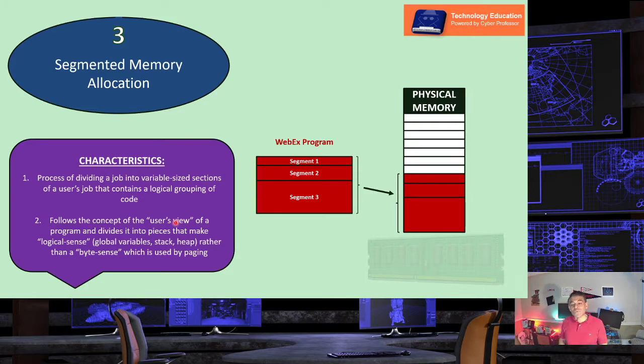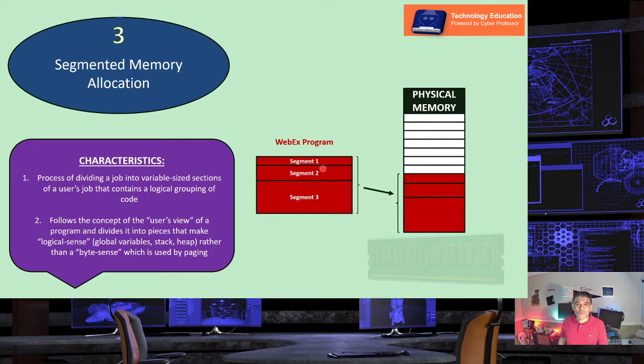So that is why we come up with different sizes for those segments, different from the equal size units that are part of a paging memory allocation system. With paging, we must stick with equal size units of the job or the memory space, depending whether or not we are talking about the page or the page frame.